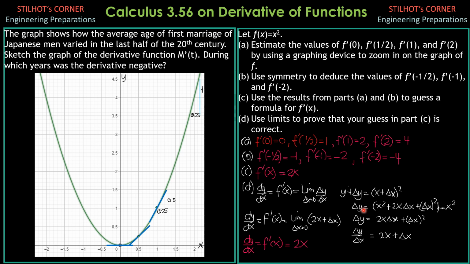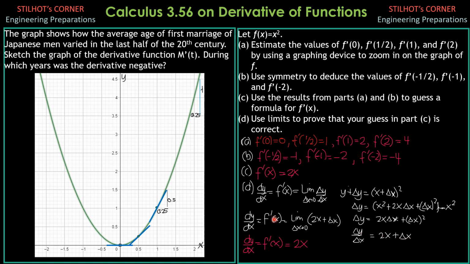So delta y is equal to quantity x squared plus 2x delta x plus delta x quantity squared, then minus x squared. Simplifying, we can cancel x squared, so we have 2x delta x plus delta x quantity squared. So delta y over delta x, dividing everything by delta x, is 2x plus delta x.